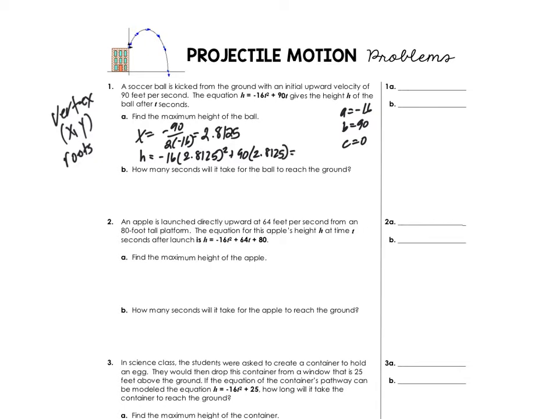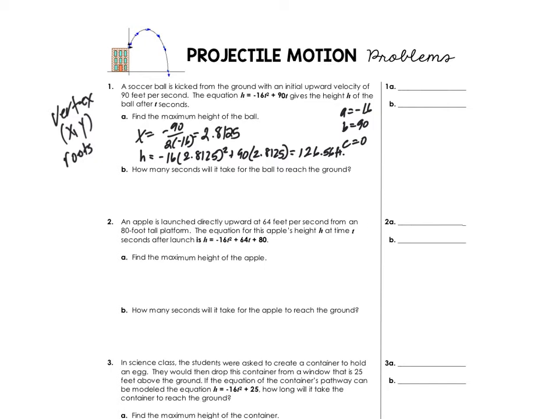I get, let's see here, 2.8125 squared times negative 16 plus 90 times 2.8125, and I got 126.56 feet. All right, so the soccer ball was 126.56 feet at its vertex.